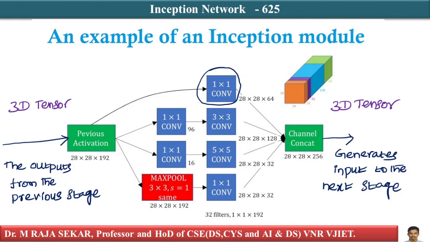In between, I am doing 1 cross 1 convolution, 3 cross 3 convolution, 5 cross 5 convolution, and max pooling, and concatenating the results, just like we have seen earlier.